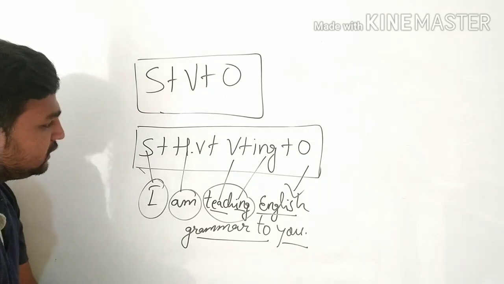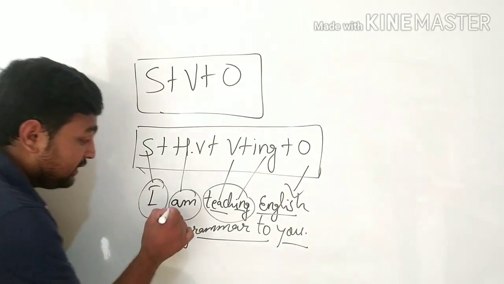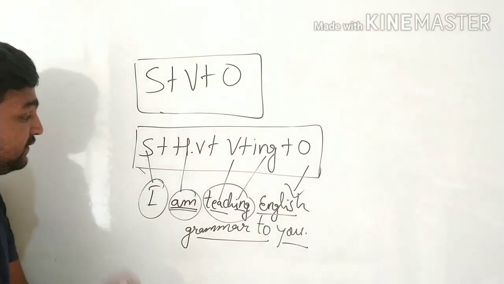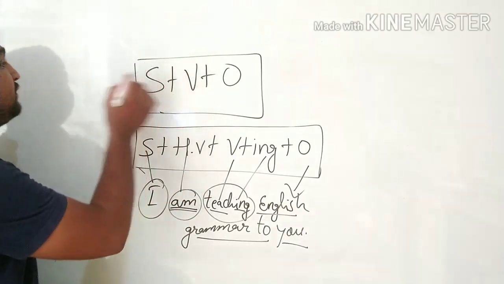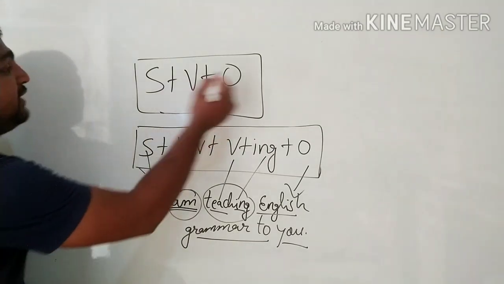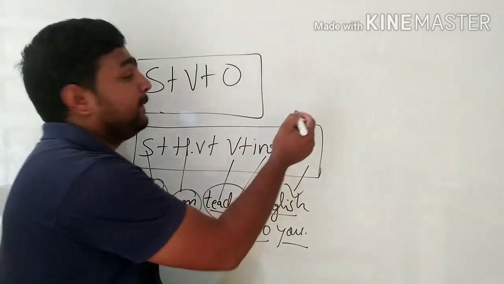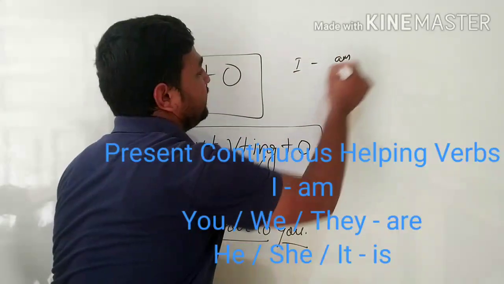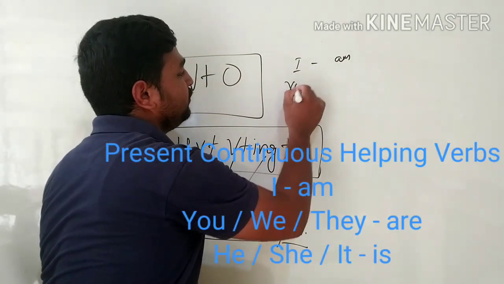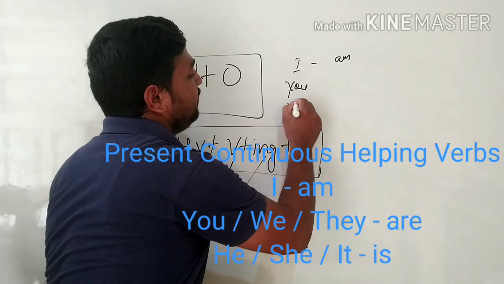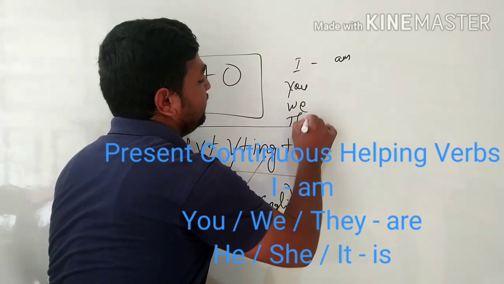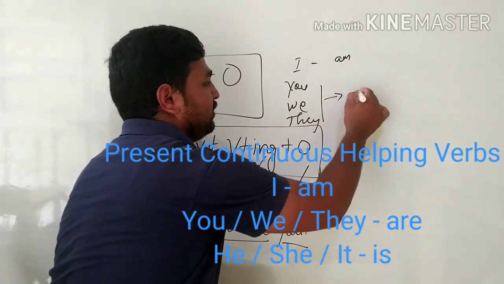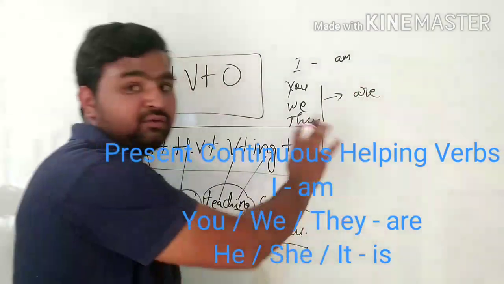Like am, we have two more helping verbs. Let me write here. For I we use am, right? For you, we or they, for all the three we use are, because of the plural form.